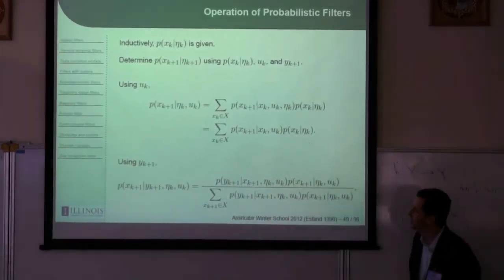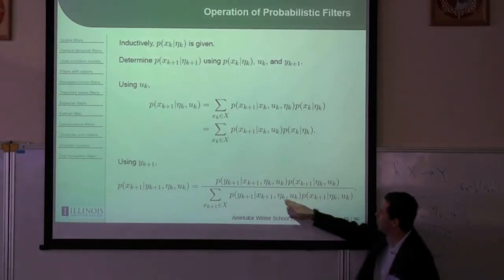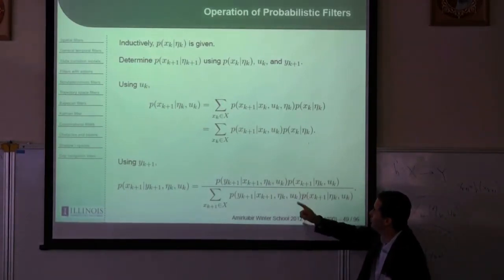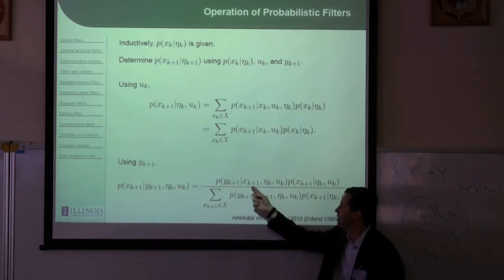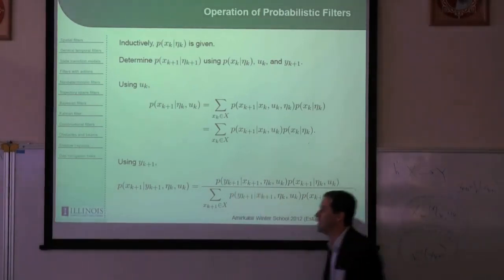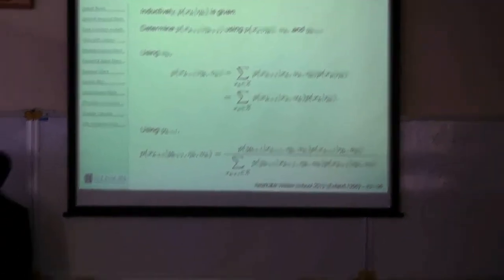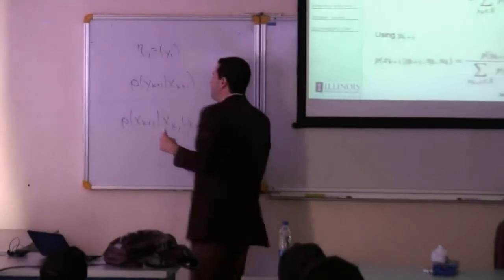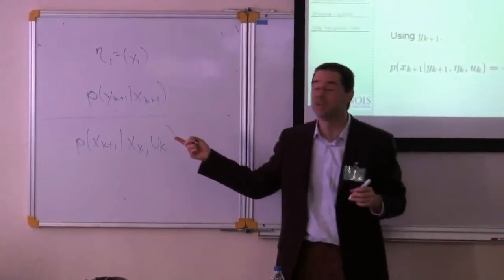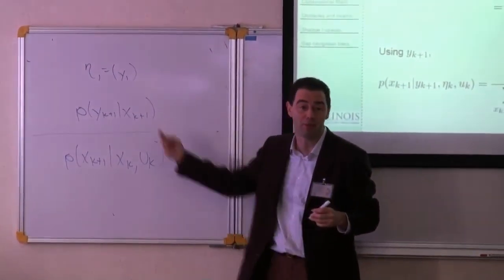When I get to this one, it turns out there's one more level of simplification, which I guess I accidentally cut, which is that my sensor model says P of yk plus 1 given xk plus 1. In other words, I'm given this as part of my model. That's the probabilistic sensor model. Instead of being given h, we were given this in the probabilistic case.